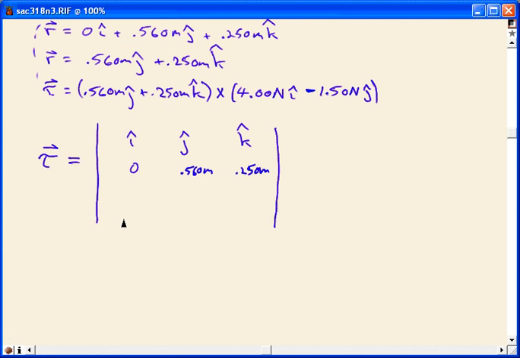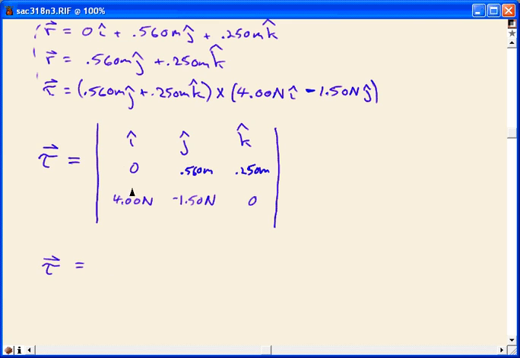And up here it is the i and the j components: 4.00 newtons and minus 1.50 newtons, and then the k is 0 in this case. Alright, now I've got to do that cross product.